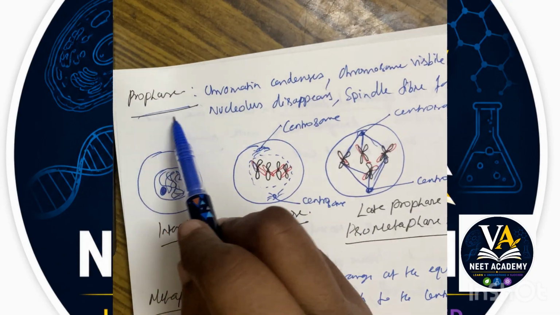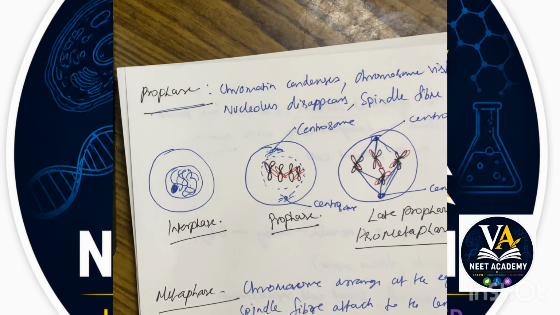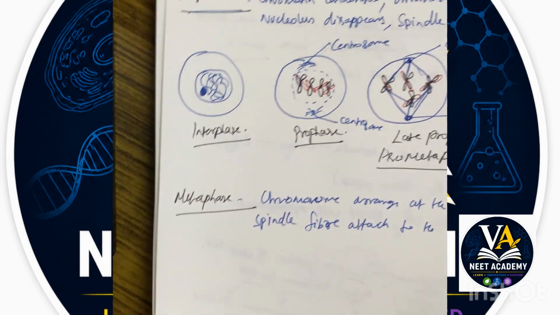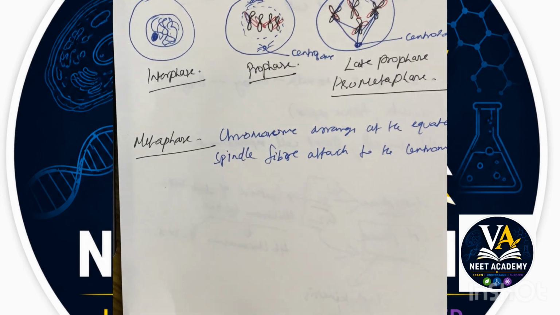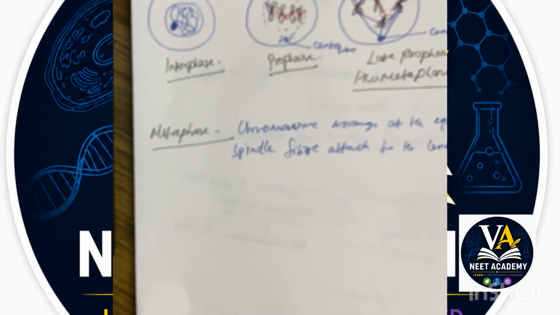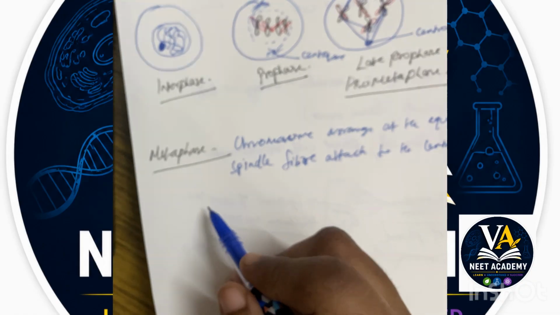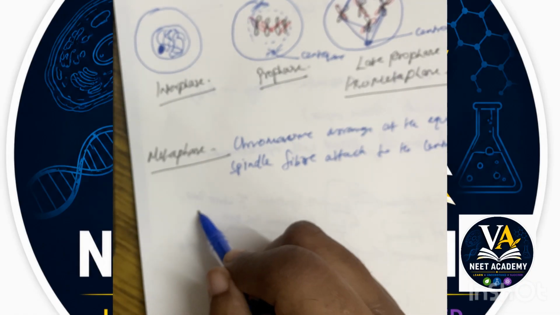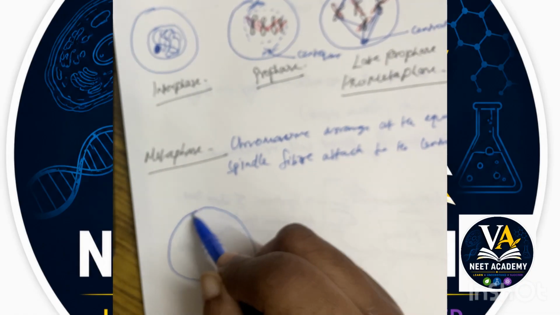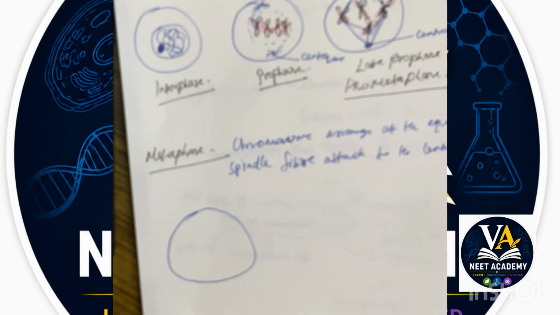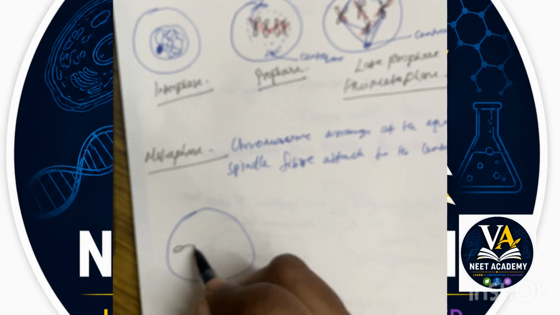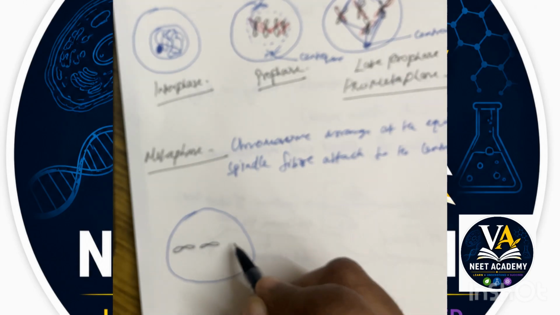And prophase is said to be the longest phase in the mitotic stage. These are important facts often asked in the NEET question paper. Now we will see how a metaphase stage cell looks. In metaphase, the chromosomes arrange at the equator.